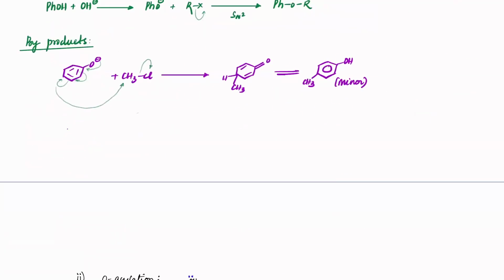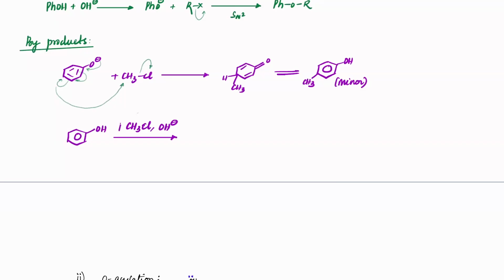Okay, now listen up. In case you have phenoxide ion here in the presence of OH minus and something like CH3Cl. Got it?